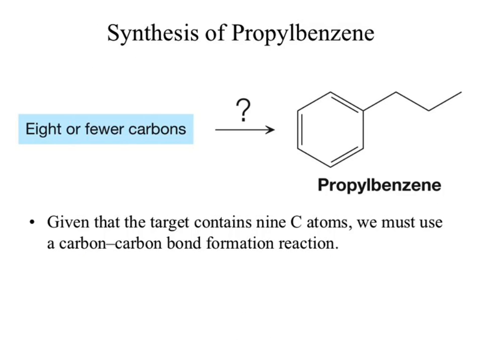Okay. So, propylbenzene. Target contains 9 carbons. We're going to have to use some kind of carbon-carbon bond formation, because the rule is 8 or fewer carbons. How could we go through and synthesize this? What bond do you think we would make?